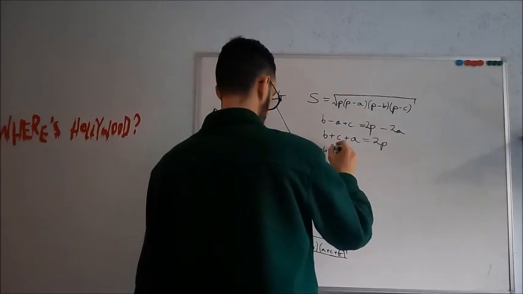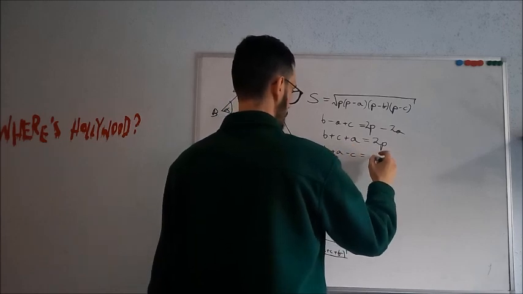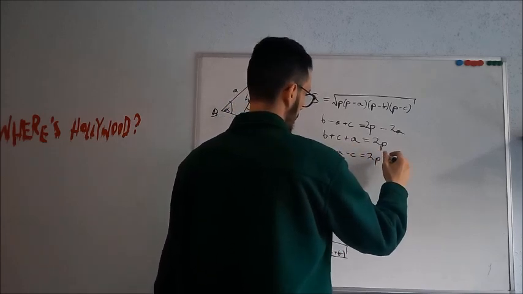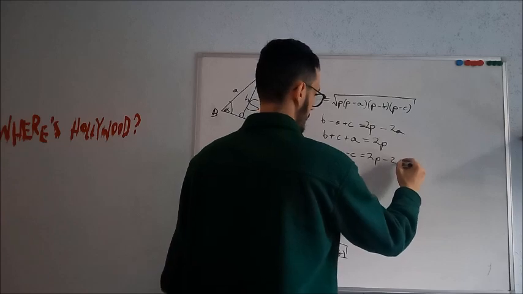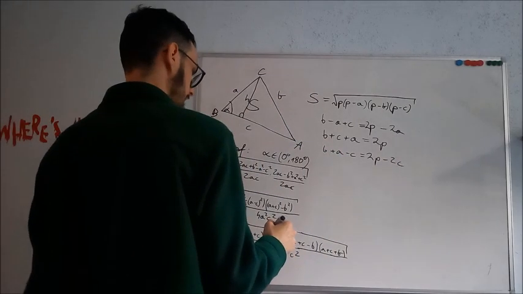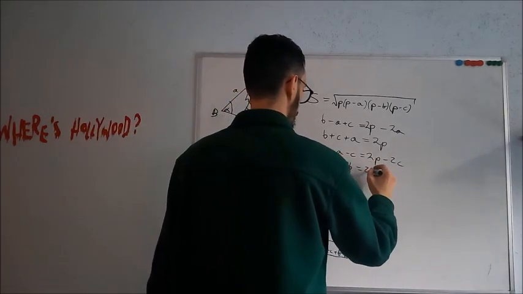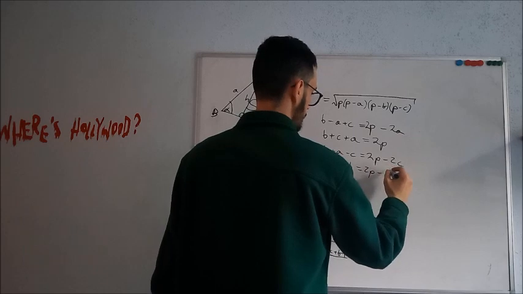Alright, so the next thing, b plus a minus c is equal to 2p minus 2c. And the last part, a plus c minus b, is 2p minus 2b.